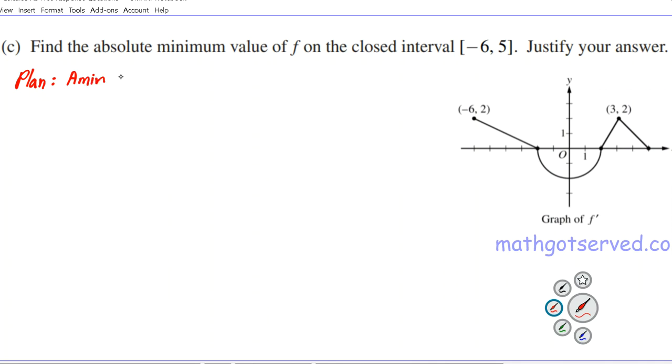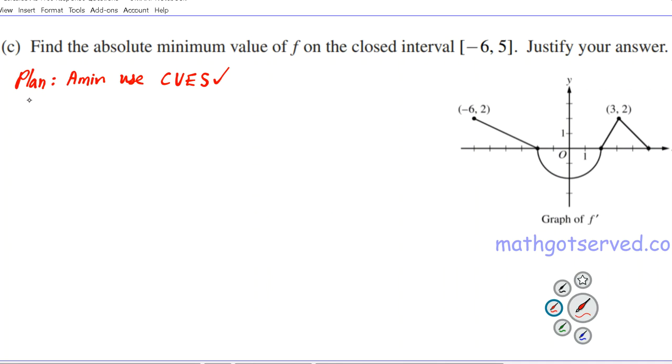We're going to use a method called CVS check. Well, we're going to find the critical values, and we're going to use the critical values and the endpoints to create a sign chart, and then we're going to check the potential extremas we got from the sign chart to see which one is the smallest.